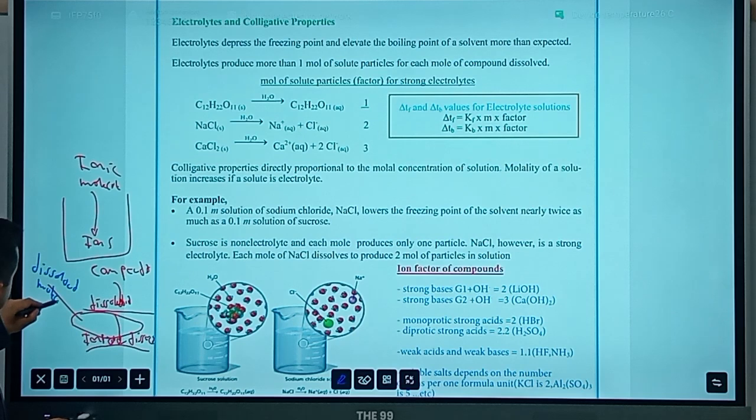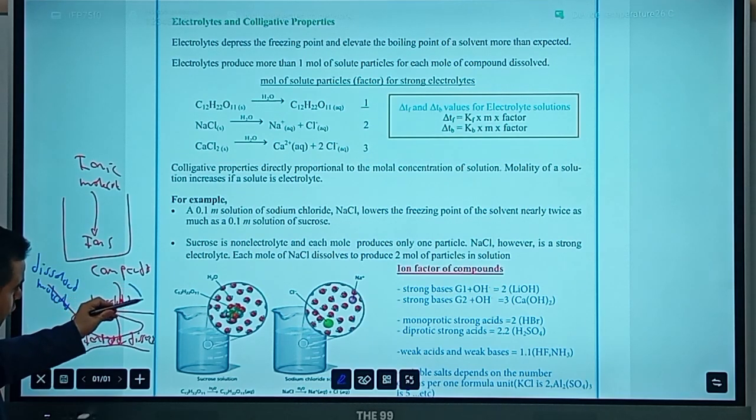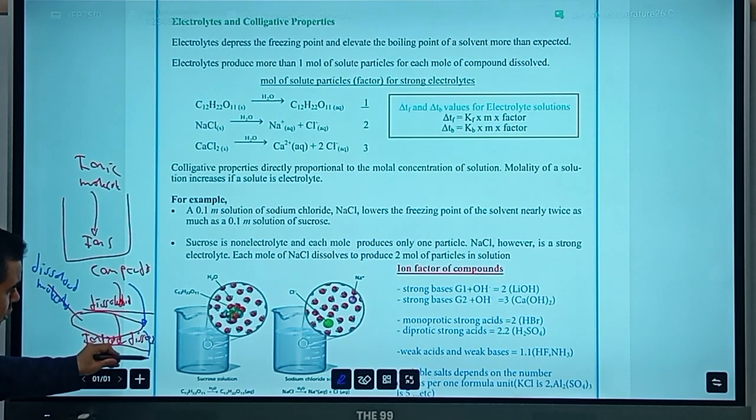Dissolved molecules. But compounds like acids, bases, and soluble salts undergo dissolution and then ionization or dissociation as well. They will produce ions.